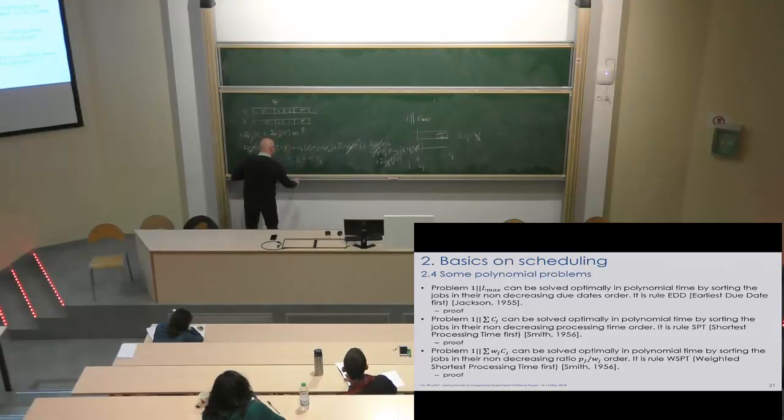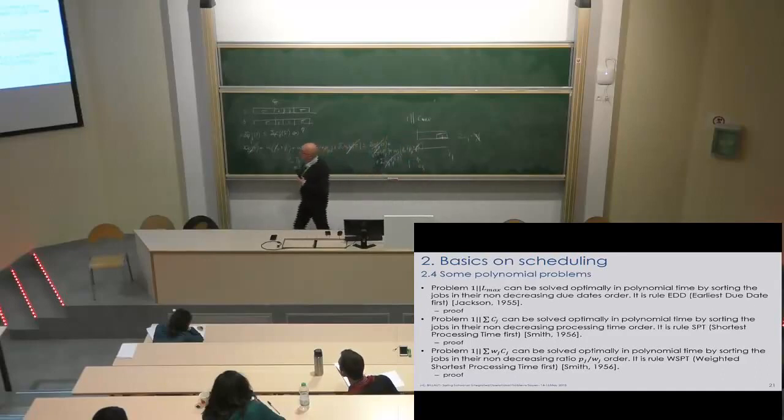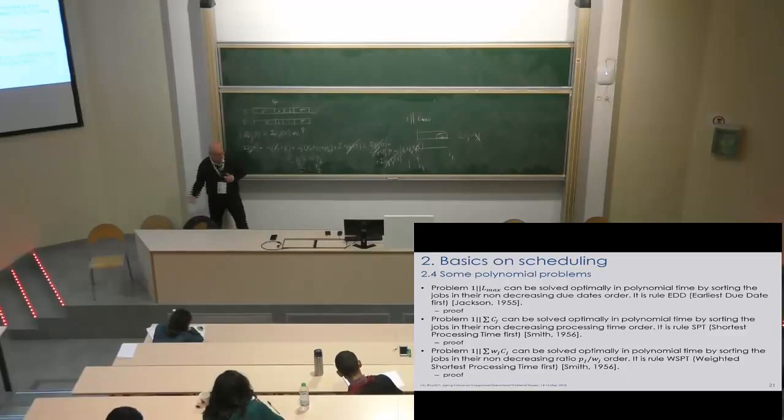And we say pi divided by wi is less than or equal to pj divided by wj. It's what we call the WSPT rule. So it's the same rule as for the sum of completion times, but with the weight, so it's the processing time divided by the weight. You sort the jobs in this increasing order, and it's optimal.